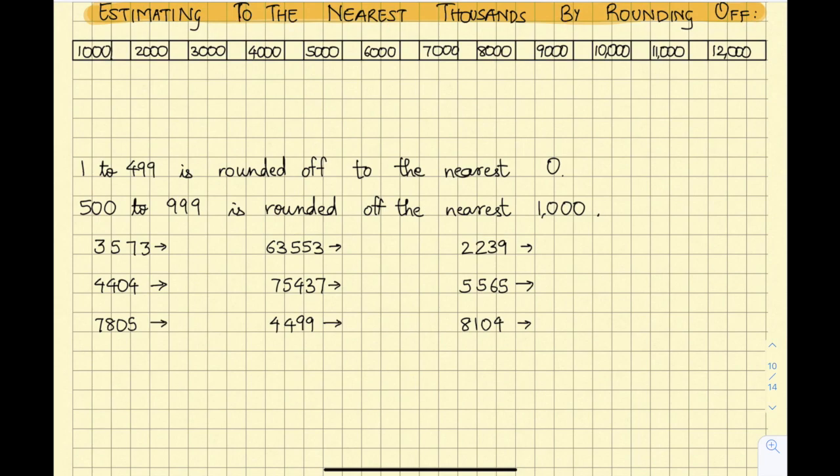Here you can see a set of numbers starting from 1000, 2000, 3000 and it goes on till 12,000.